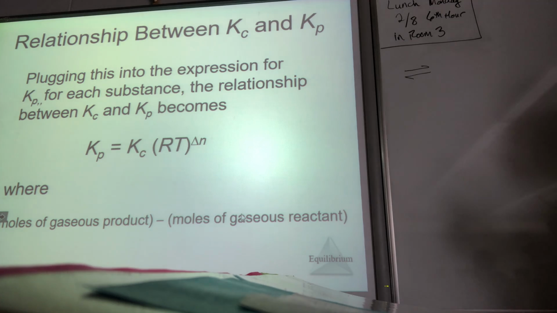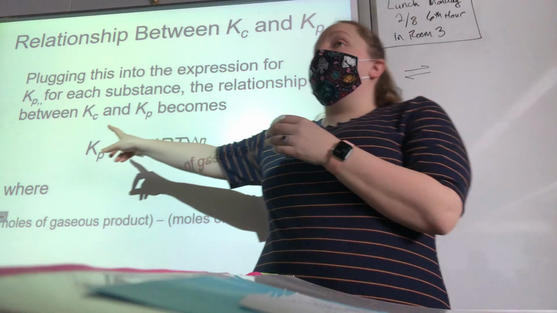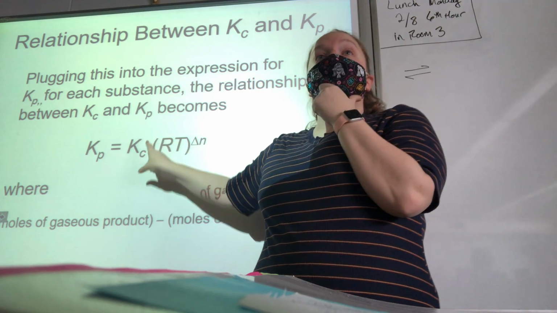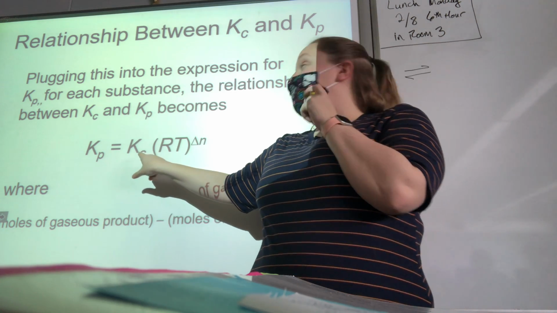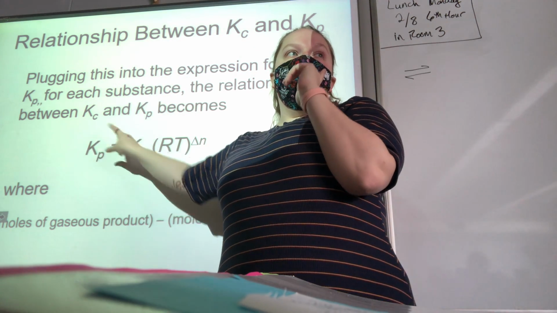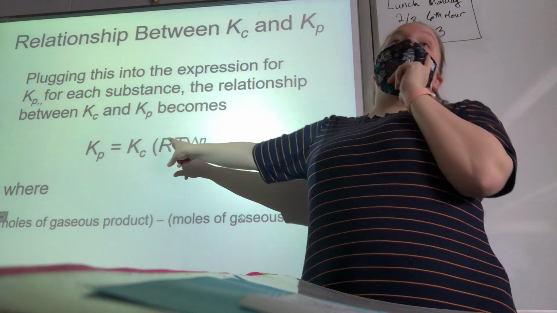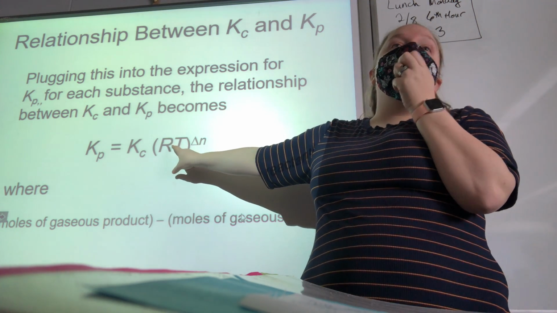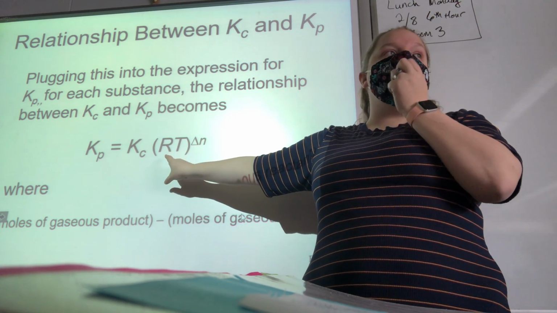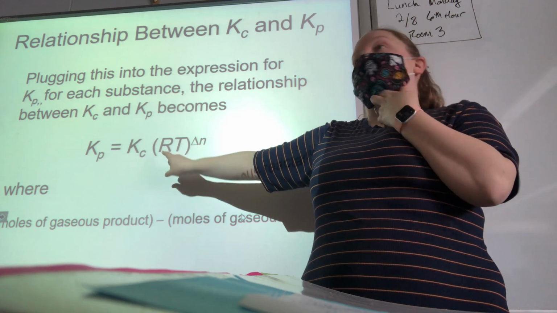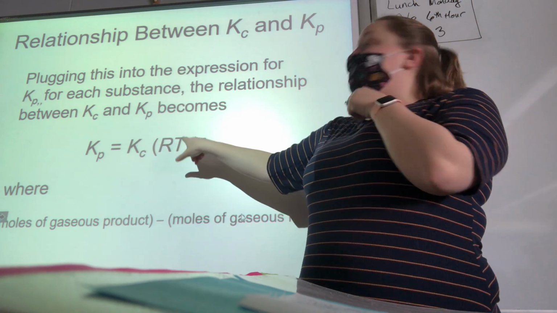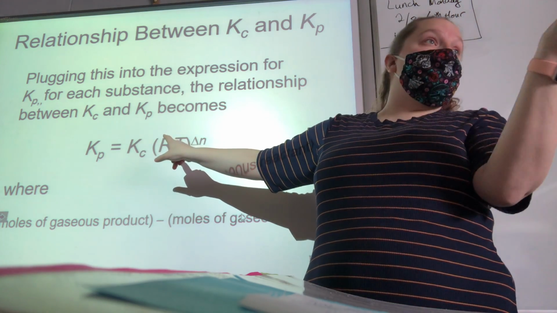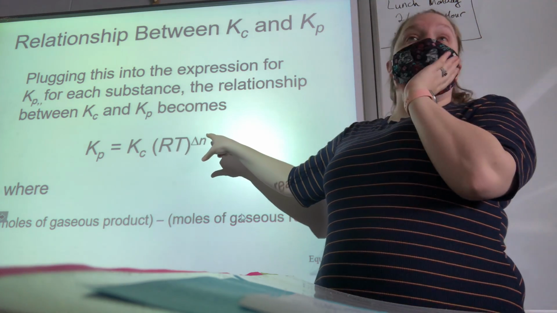Okay, so the first thing we're going to do is take Kp and set it equal to K in this concentration form. So we should understand what these two are, right? We know this value is 0.08206. That would be the gas constant. It's not going anywhere soon. T is temperature in Kelvin. Delta n would mean what?